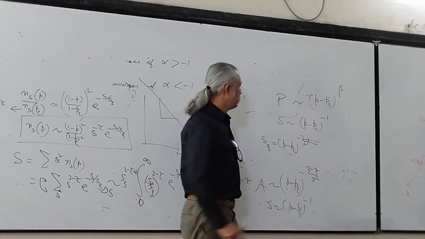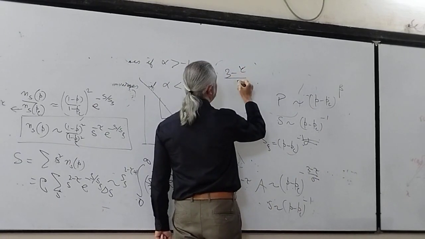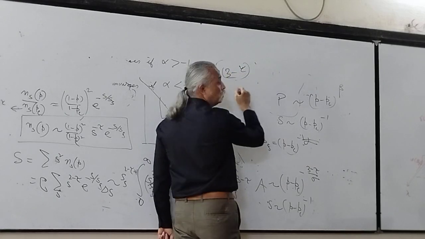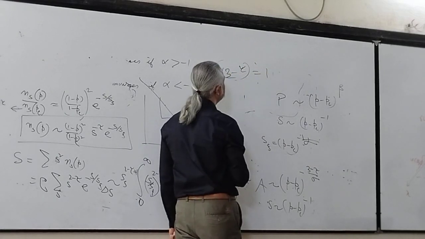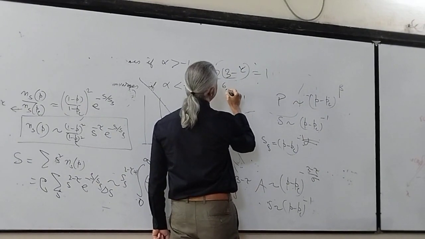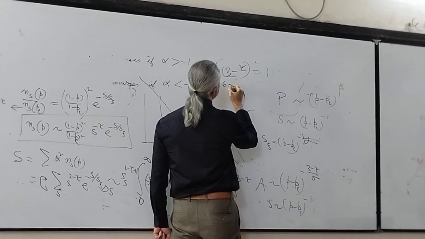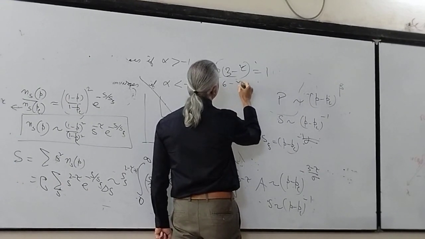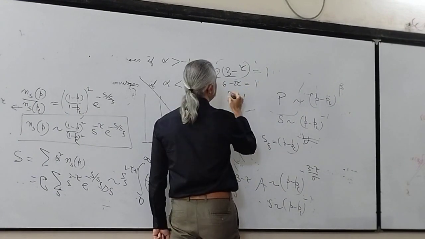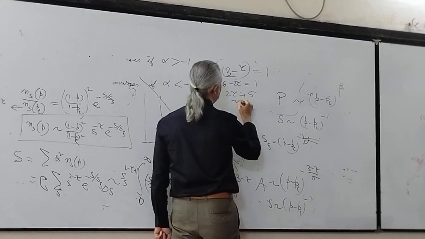Tell me. So 3 minus tau by sigma, that is half, means 2 equals 1. So 6 minus 2 tau equals 1, so 2 tau equals 5, tau equals 5/2.